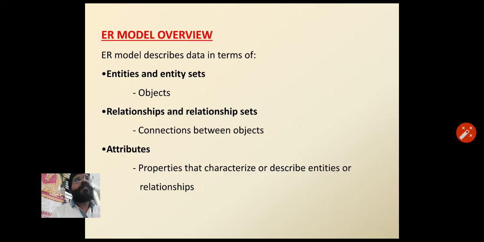ER model overview. The ER model describes data in terms of entities and entity sets, that is the objects; relationships and relationship sets, that is the connections between objects; and attributes, the properties that characterize or describe entities or relationships.